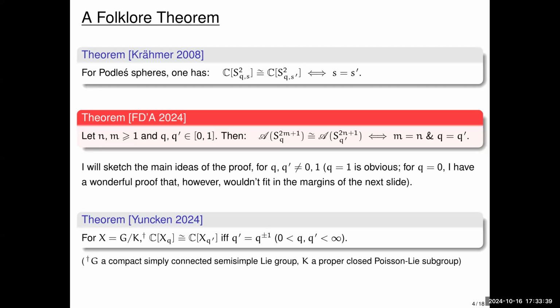At the end of September, he published a preprint on arXiv. In it there is the proof when X is G over K, where you take a q-deformation of this kind of homogeneous space. There is some condition on G over K that you can read here. And you prove the same kind of theorem: two such deformations are isomorphic if and only if the deformation parameters are either the same or one is the inverse of the other. Now in this theorem, q equal to 0 is excluded. I don't know for what reason, but we can ask Bob if he's online.